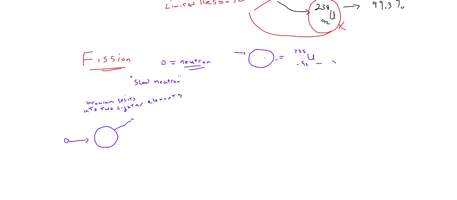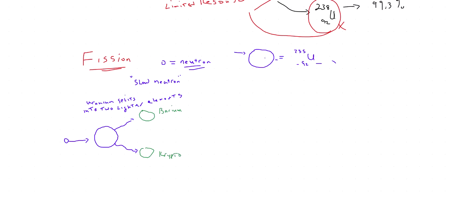So it's going to split up like this, and it's going to make two other elements, okay? They're not so big, okay? One of them is barium, and the other is krypton. These are two lighter elements.